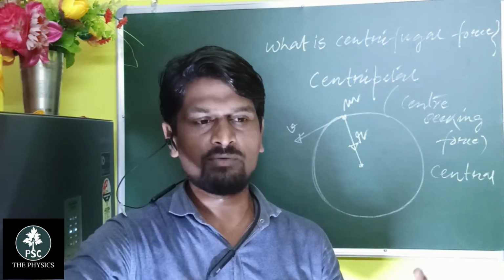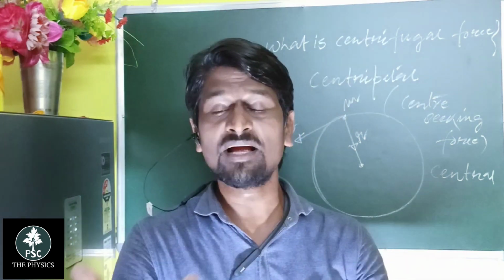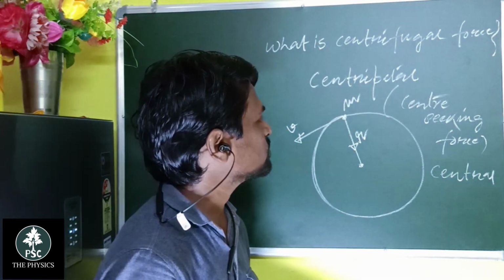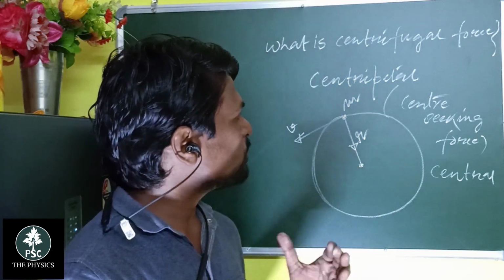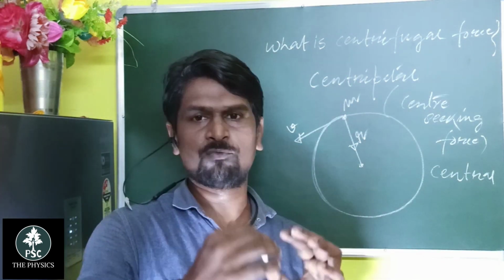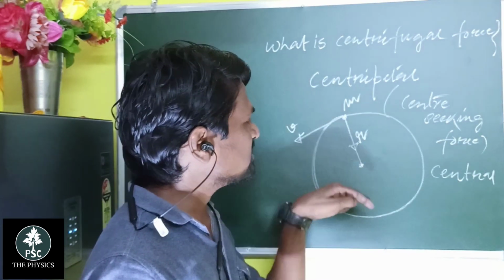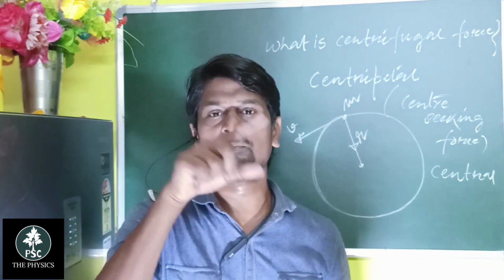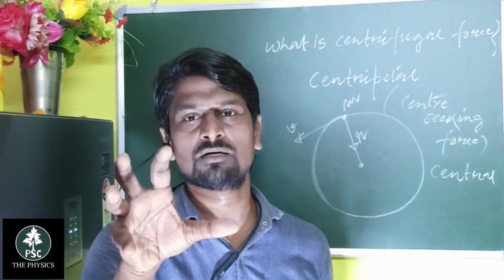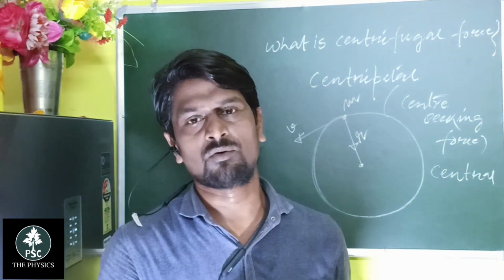When the earth revolves around the sun, the gravitational force provides that centripetal force. So centripetal force is a type of force that acts towards the center when a particular object or particle moves along a circular path.